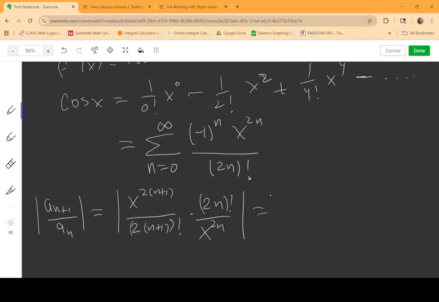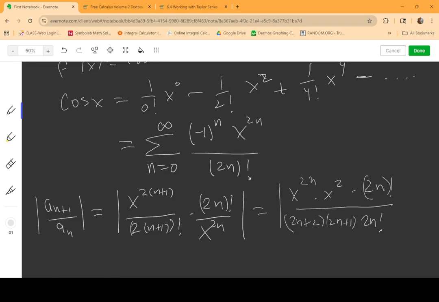Simplifying, we get x to the 2n times x squared times 2n factorial over 2n plus 2 times 2n plus 1 times 2n factorial.